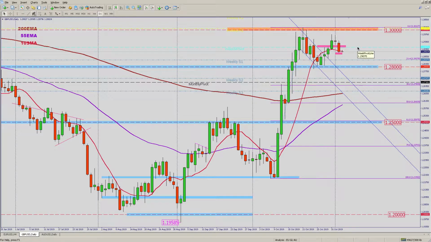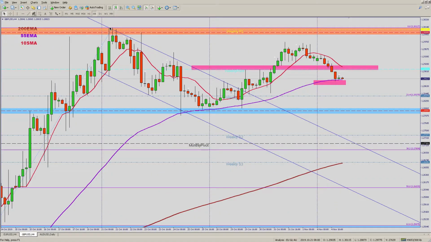The weekly pivot is at 129.07, and that has also dipped below that already, and potentially trying to target the 21 fib retracement area at 128.38, so around the 128.40 area. And if that is breached, then it could try to target the 128.00 round figure support level.